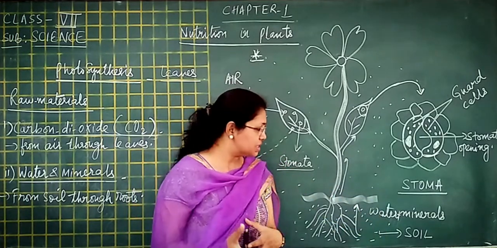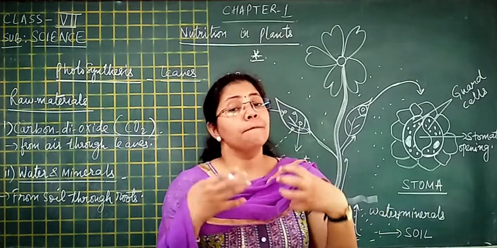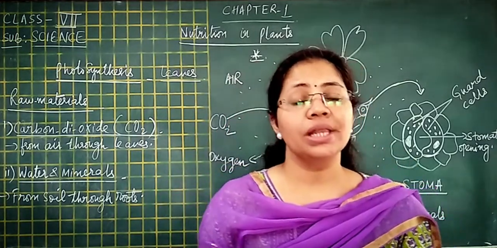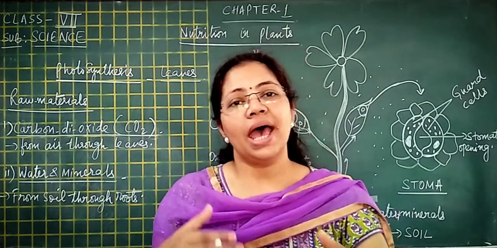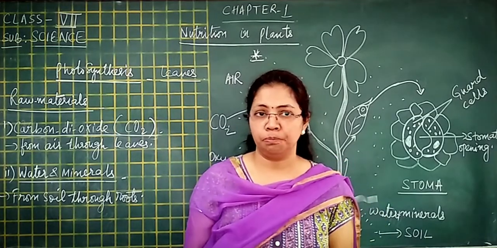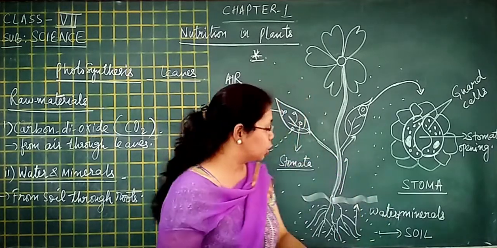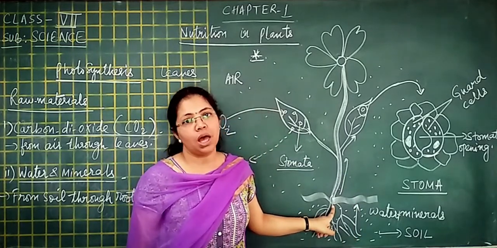So what happens when we give water to the soil? Then the minerals which are present in the soil get dissolved in that water and it forms a kind of mineral solution. And that mineral solution is absorbed by the roots of the plant.